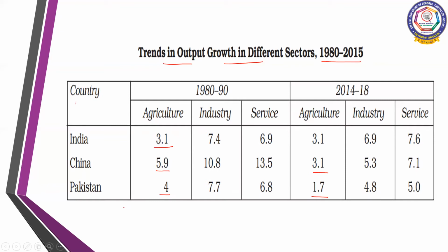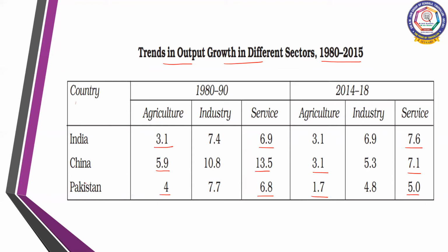The contribution of service sector has slightly increased in India from 6.9 to 7.6, whereas in China and Pakistan, it shows a decline from 13.5 to 7.1 and from 6.8 to 5.0 respectively.